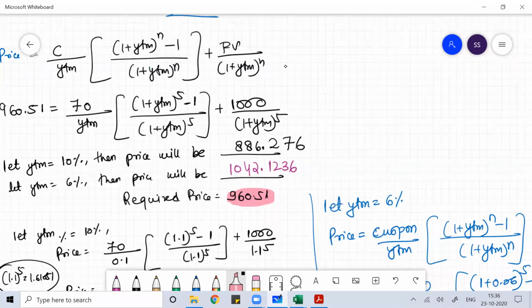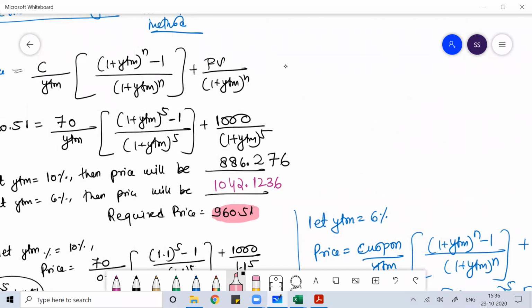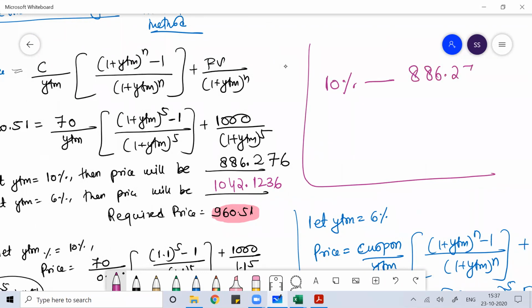Understand the purpose of doing this. There's no direct way to do this. I hope you did it like this when doing the IRR calculation last semester. You have to use the trial and error method. When I took YTM as 10%, I got the price as 886.276, but I want the price as 960.51.